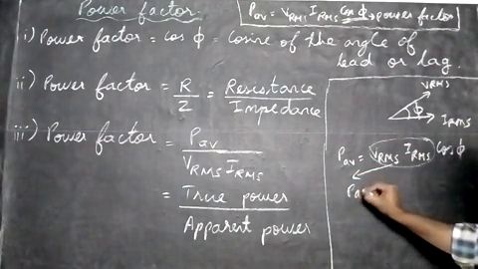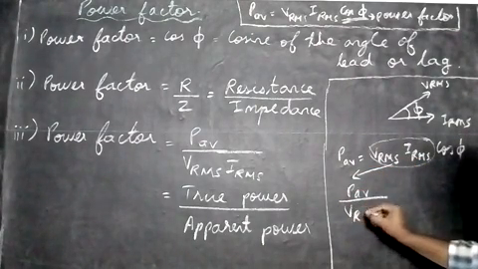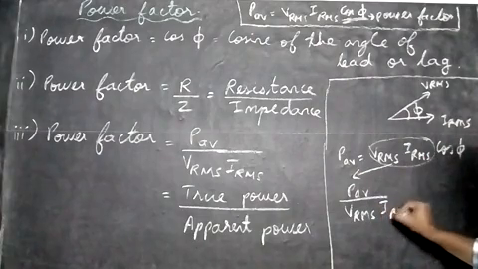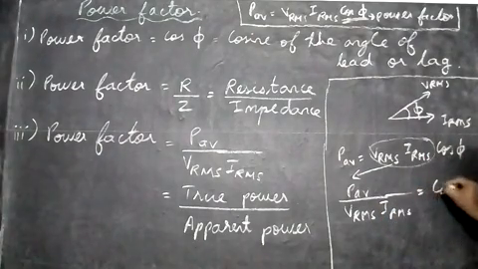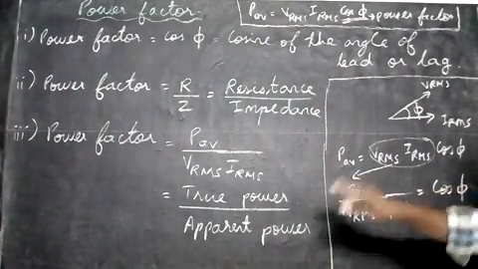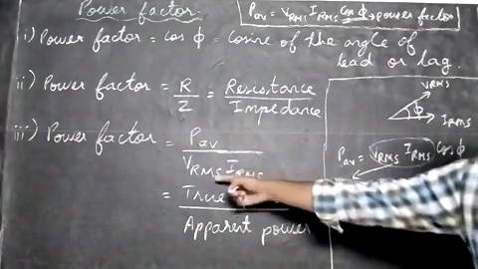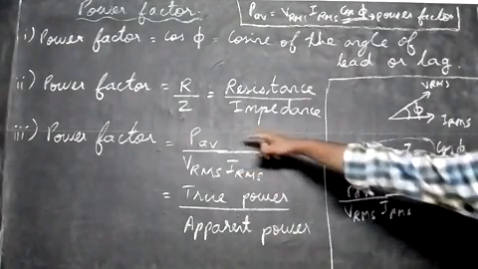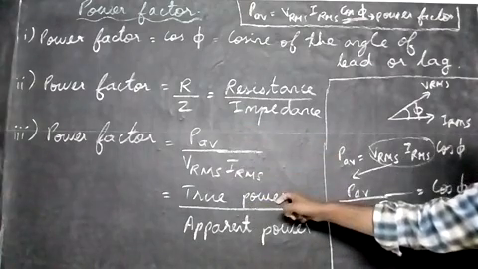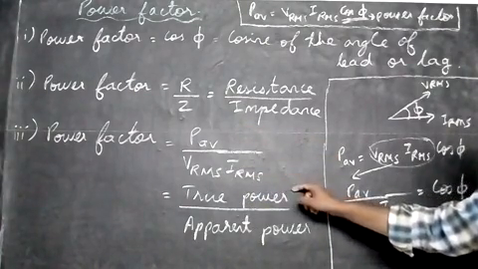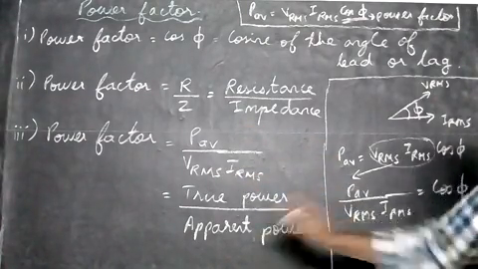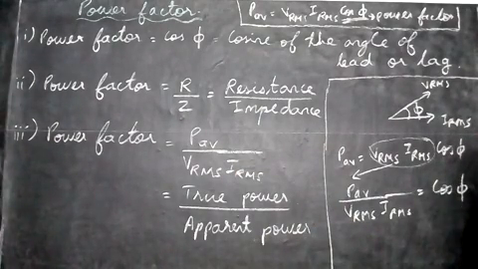So P average by VRMS into IRMS is equal to cos phi. When you reverse it, we get cos phi is equal to P average, that's average power, by VRMS into IRMS. So this means the true power, average power, divided by the apparent power.